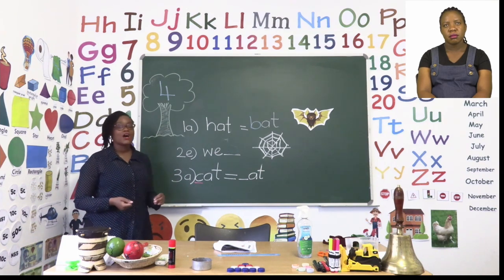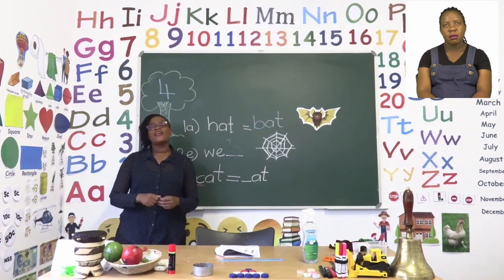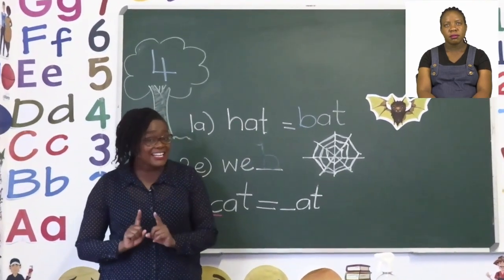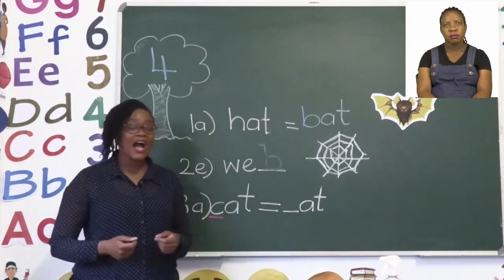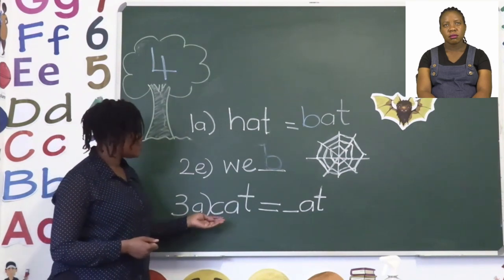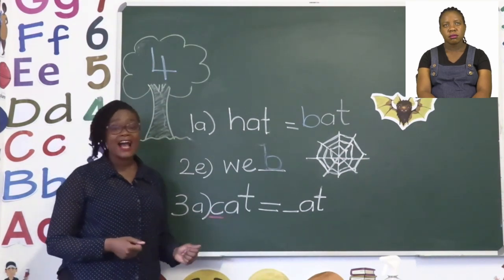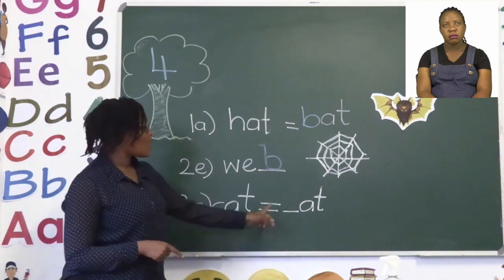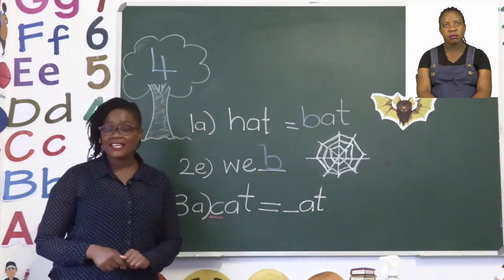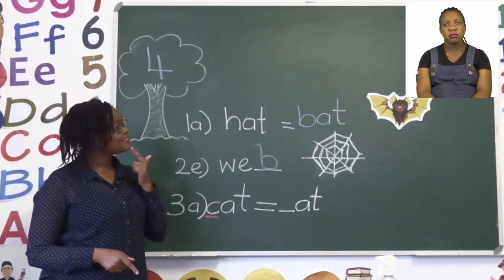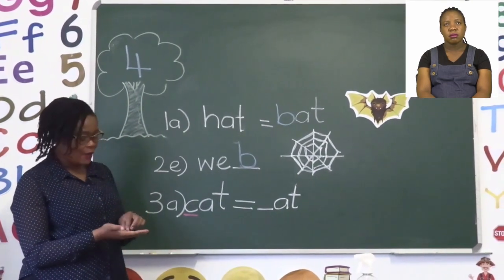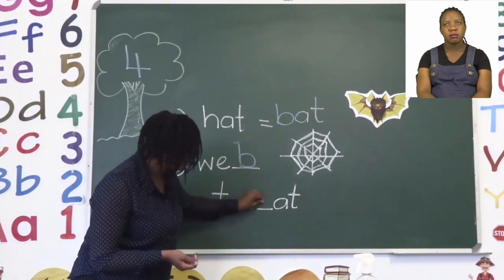The last one, they've asked you to make your own word and then replace the beginning sound. The word I've chosen is cat. K-a-t, cat. And now I need to change it by replacing the beginning sound. I can say, how about rat?